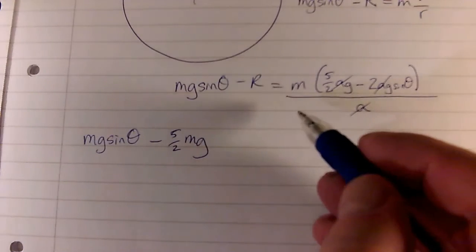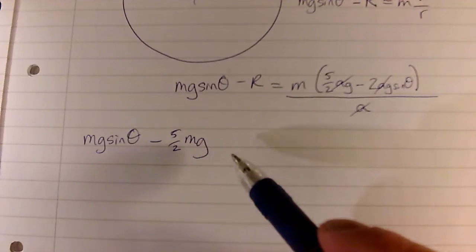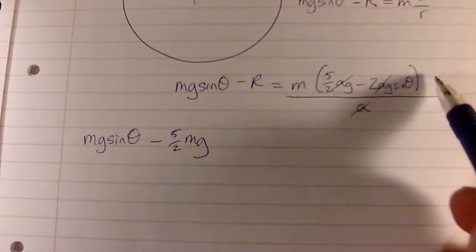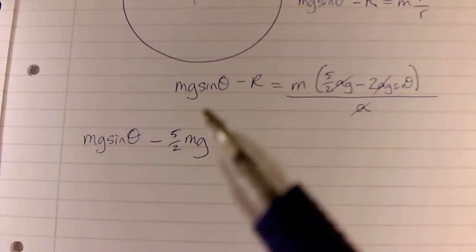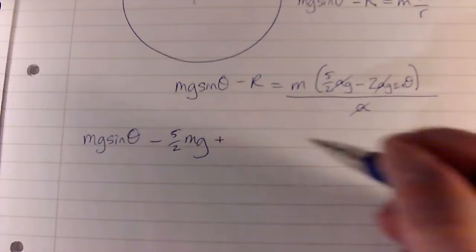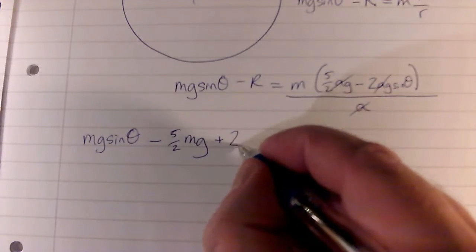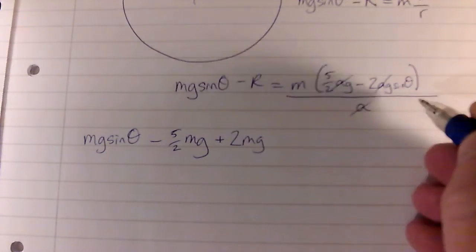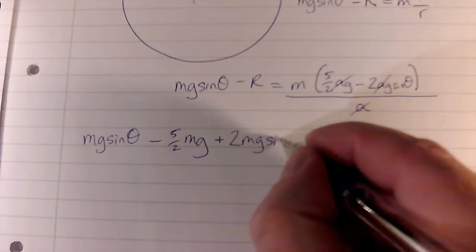I've taken the first part of this away. I now need to take away this, but this has got a minus on it already, so I'm actually going to get plus 2mg, but this has got a sine theta on it.